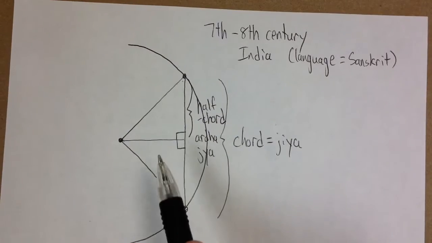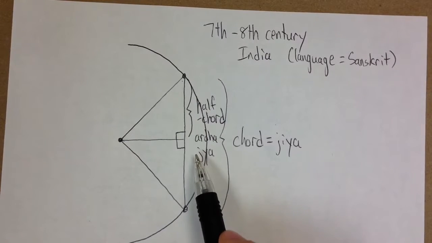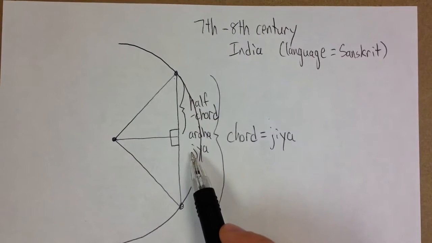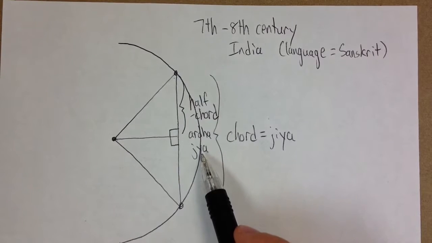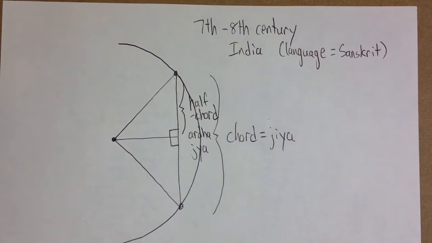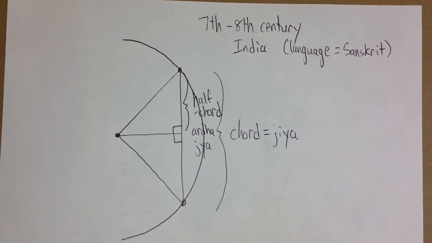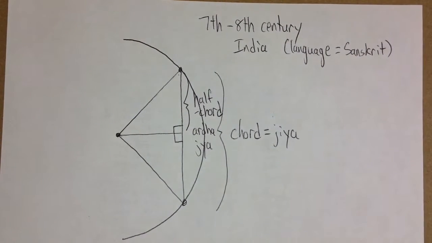Now, this stuff is getting translated into Arabic. Unfortunately, the Arabic translators did not actually translate the word half chord. They transliterated instead. Do you know the difference? Transliteration means that you take the sound of the word and you put it into your language's symbols.